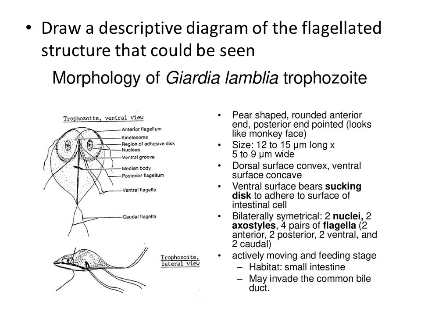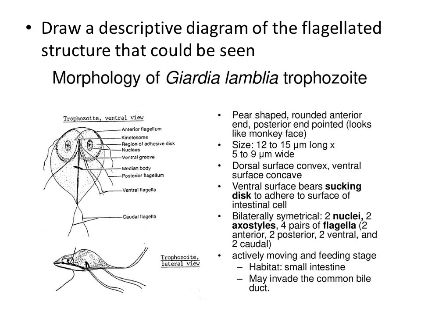Size is about 12 to 15 micrometers long and 5 to 9 micrometers wide. The dorsal surface is convex and the ventral surface is concave. On the ventral surface we can see the sucking disc. It occupies half of the body and it is laterally symmetrical, that means when you cut laterally, you get two similar pieces.